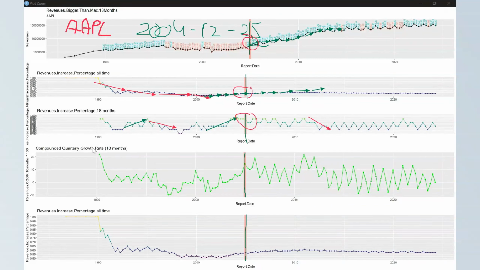The fourth plot here is still revenues, the quarterly rate over 1.5 years. What it is good for is spotting short-term trends, like good entry points for predicting the future revenues.